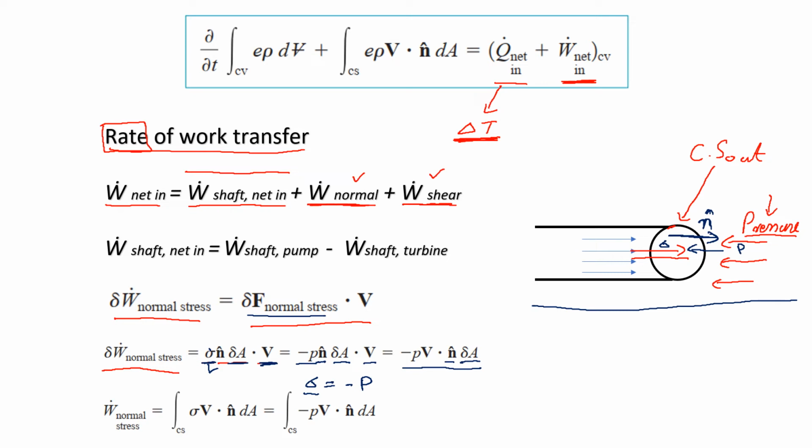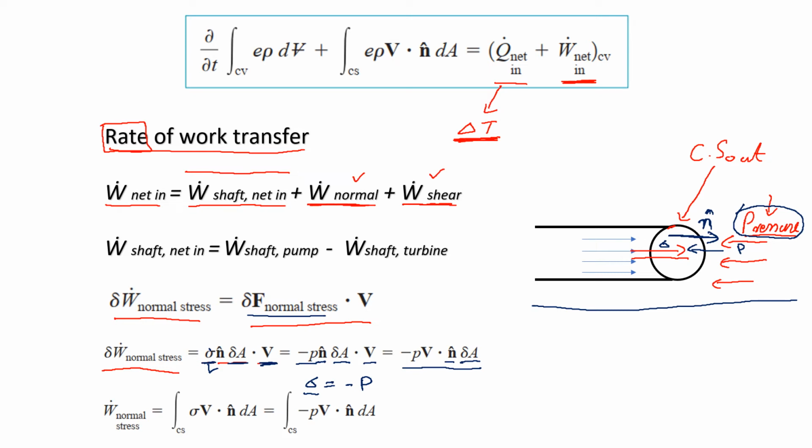And why are they occurring on that control surface? This is due to this external pressure. So to overcome this external pressure, a certain amount of work needs to be done on these control surfaces, and ultimately for the fluid to come out of these control surfaces. The only way the fluid is going to come out is that it overcomes this external pressure.